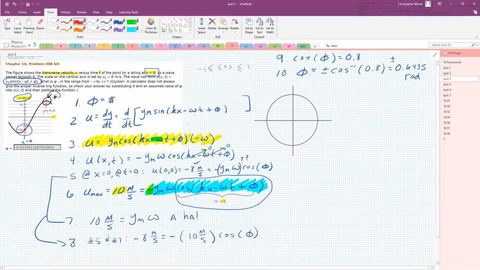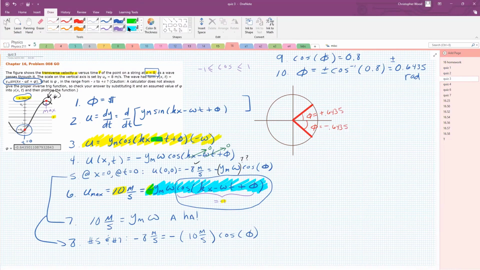This might be my angle like that, or conversely, this could be my angle like that. So maybe phi equals positive 0.6435, or maybe phi equals negative 0.6435. In either case, the cosine is going to be 0.8.